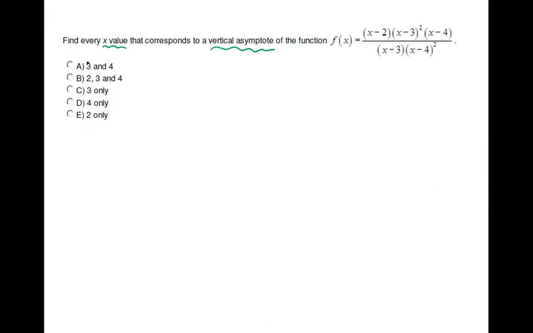Because all of these values are the x values, like x equals 3, x equals 4. That means how many vertical asymptotes do we have? We have 2 vertical asymptotes. Okay, what are the vertical asymptotes? Can you tell me the vertical asymptotes? x equals 3, x equals 4. Okay.